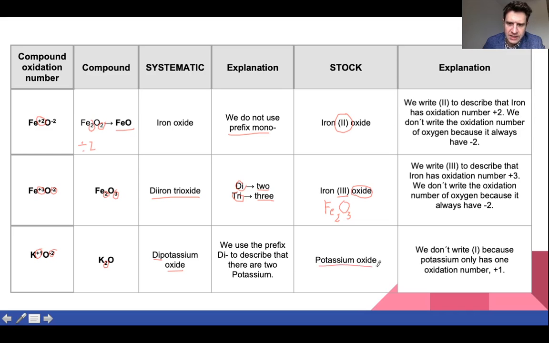In stock nomenclature, potassium oxide. As I said, potassium has only one oxidation number, so we don't need to use the Roman number. The scientists will know, okay, potassium +1, oxygen -2, so I write this. Okay, good.